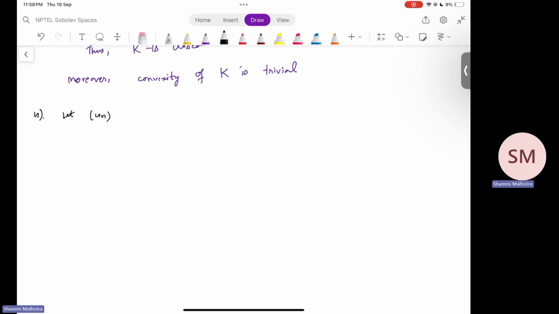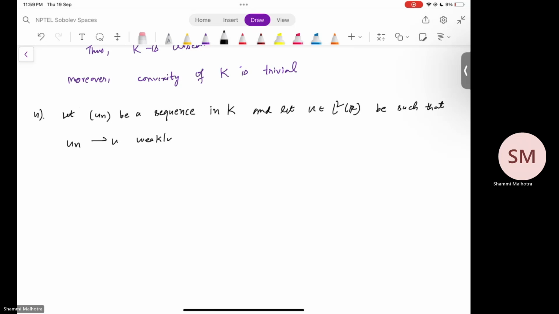let u_n be a sequence in this K and let u in L2(R) be such that the u_n converge weakly to u in L2(R).